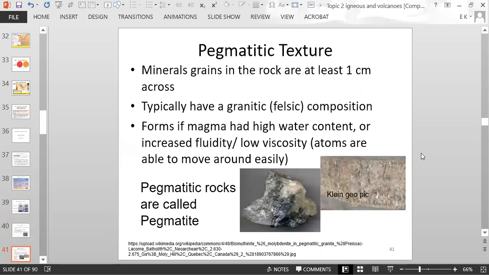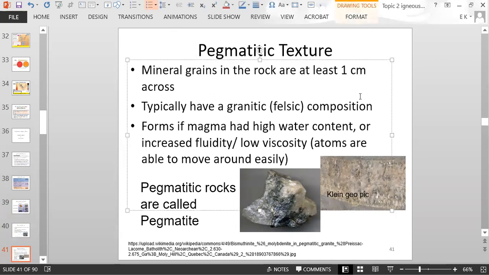Pegmatitic texture is when mineral grains in the rock are at least 1 centimeter across. Typically, pegmatitic texture rocks have a granitic or felsic composition. And they form if the magma had high water content or increased fluidity or low viscosity, because then the atoms are able to move around easily within the magma.